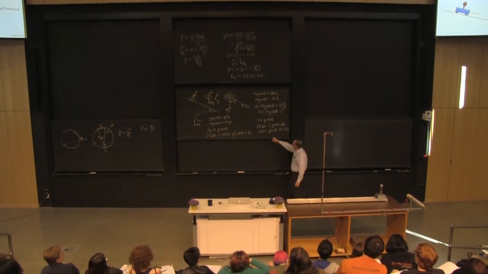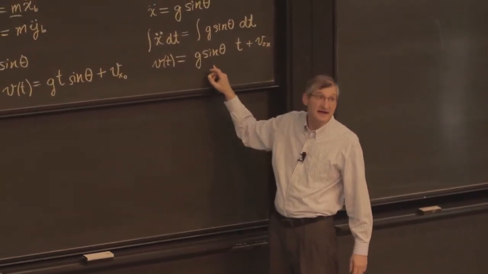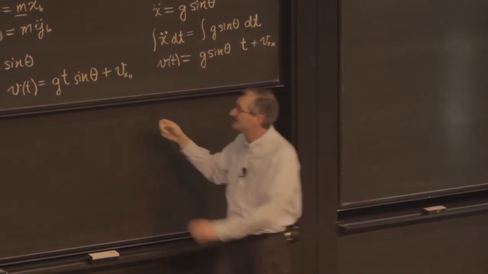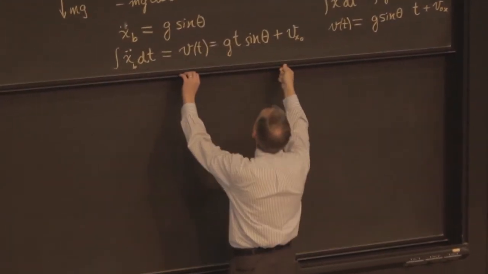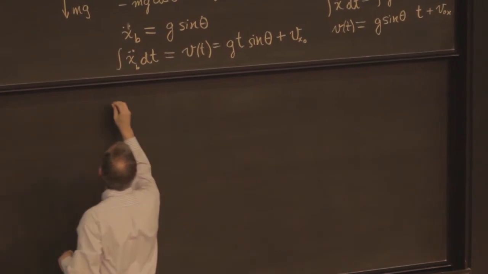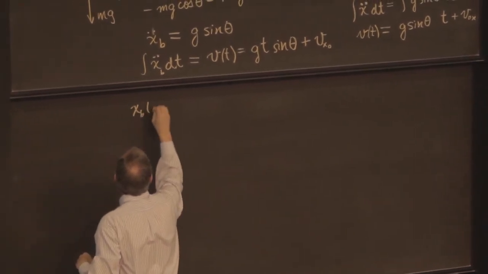Okay, so this equation for v, and I could integrate again. What happens if I integrate again? I get the position as a function of time of the ball.